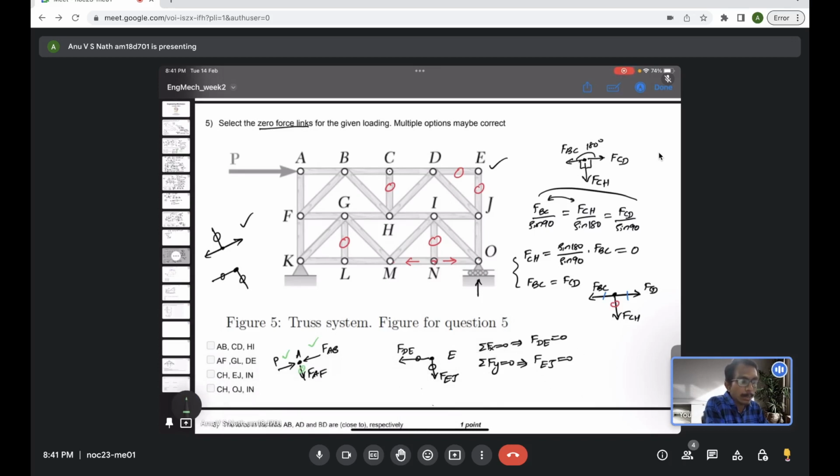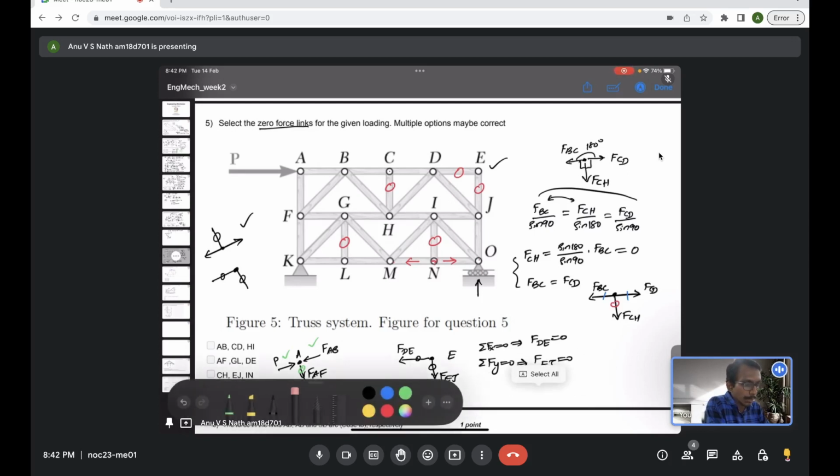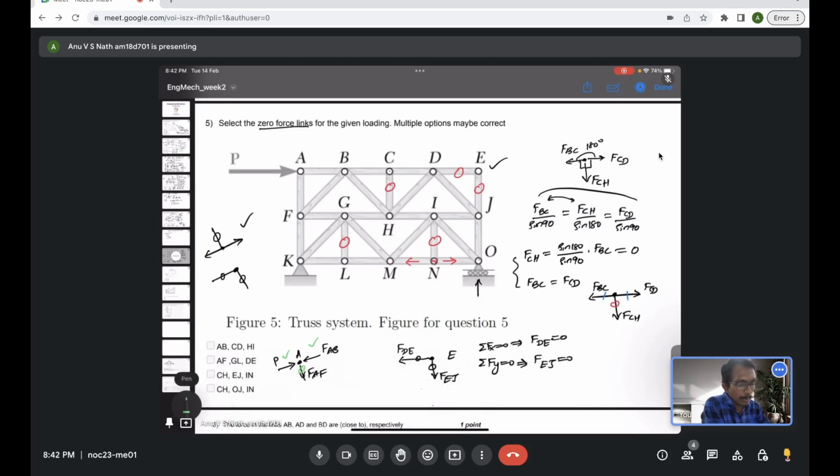If you write the equilibrium equation at joint A, you will find FAF being 0. Same argument as this case. You have 3 forces at a location. The forces are at 90, 90 and 180 degrees. Then this kind of a situation should come. So you will find the force in member AF is also 0.